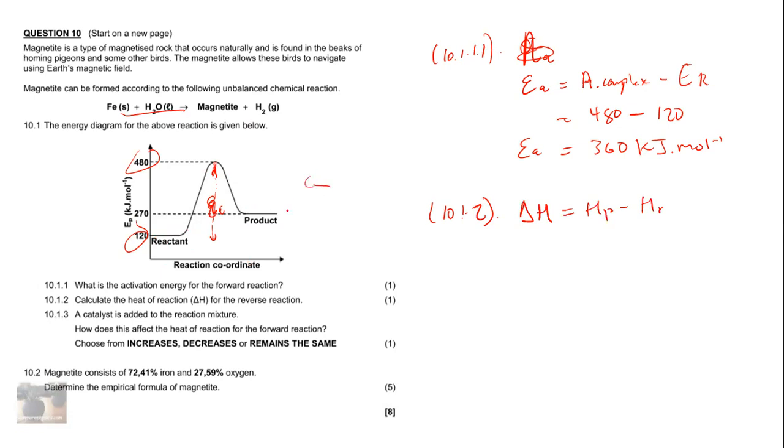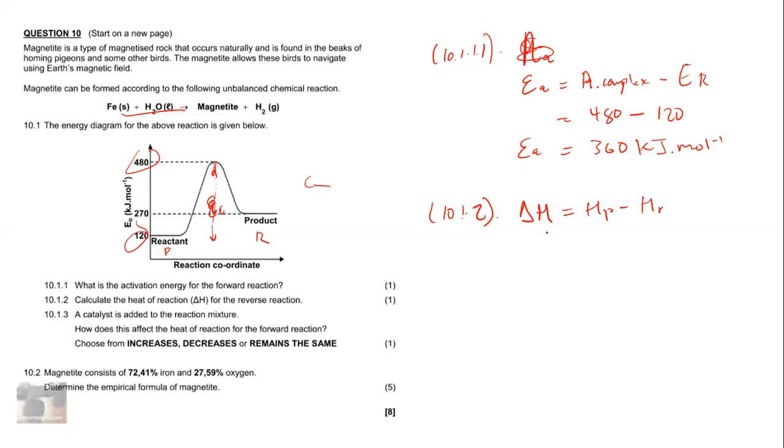The reverse reaction is where we take our product to be the reactant, because now we're going to take this as the reactant to form the product, which is our reactants, and therefore this will be the product. Now it's a reverse, not the forward. Remember, the forward reaction, number one, is endothermic. The reverse reaction is exothermic. So that means we're supposed to get a negative number, by the way.